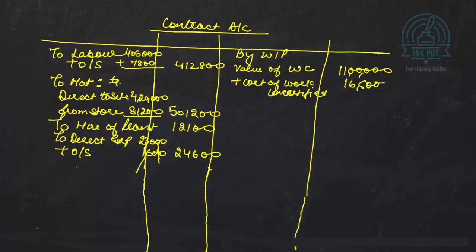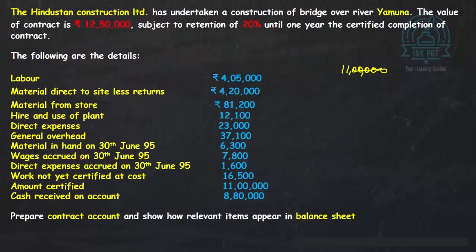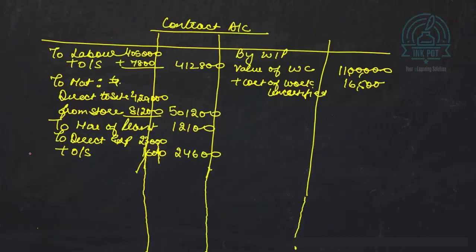Now what all expenses are given to us? Let me check. Yes, we are done with this. General overheads not yet included, so write down general overheads. General overheads are 37,100.